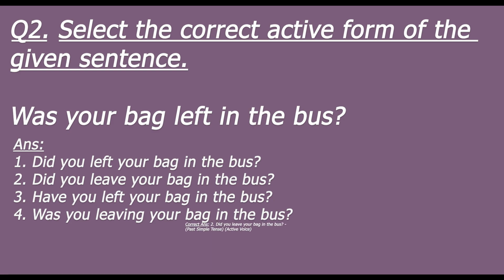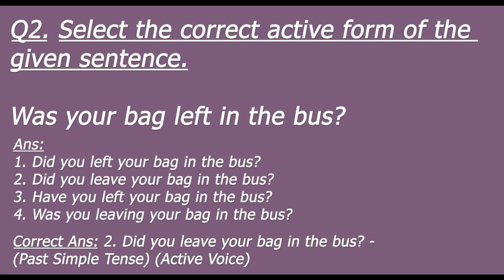So here the correct answer again will be number 2, that is, did you leave your bag in the bus? So when there is a question, you have to use did, and with did we always put the present tense. So the correct option is, did you leave your bag in the bus? So here is the rule.